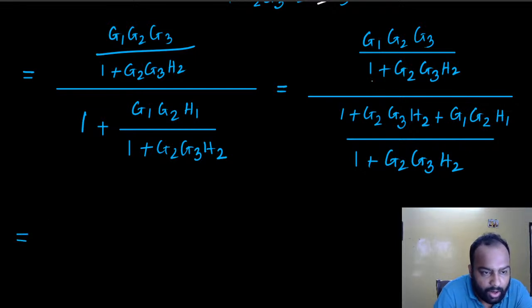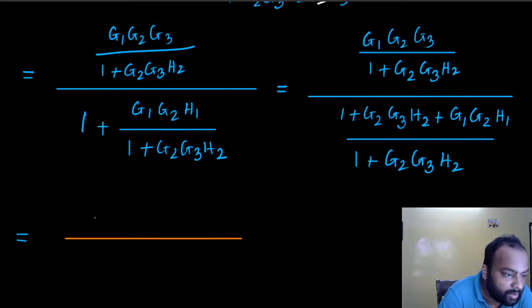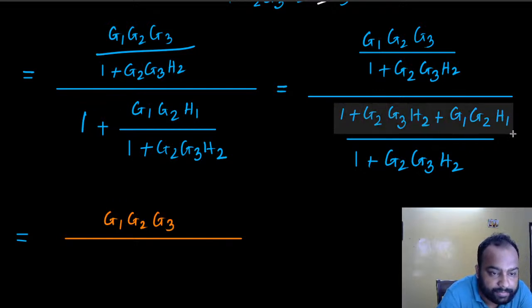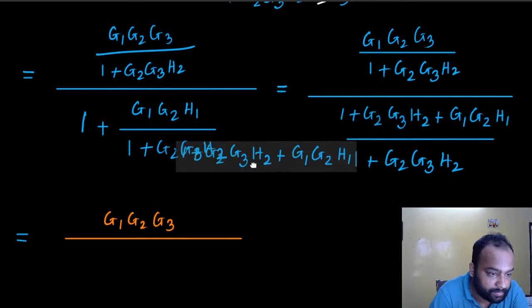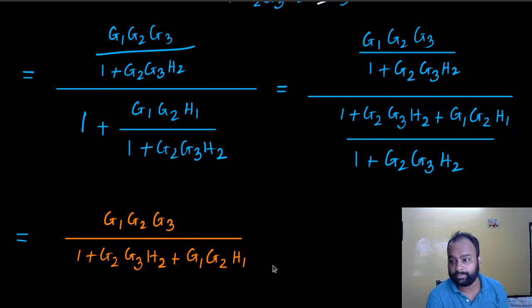Combining these two, of course these denominators from both of them will cancel out, so I essentially have G1, G2, G3 divided by 1 plus, I promised I would copy paste as long as I can copy paste, right? So I have G1, G2, G3, and then this one, right? That's the whole thing.